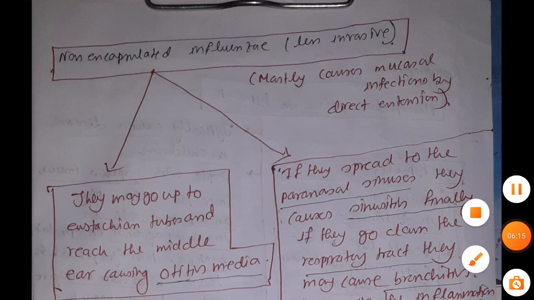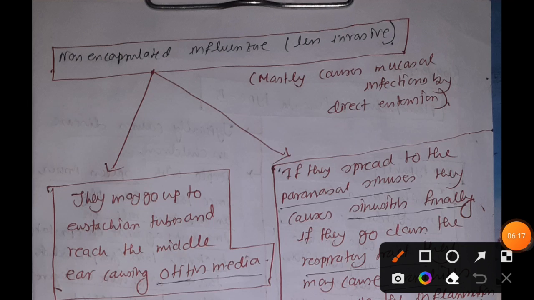In the non-encapsulated part, the bacteria only cause mucosal infection by direct extension. They may go up the eustachian tube and, by reaching the middle ear, cause otitis media. They can also transfer to the paranasal sinus, where they cause sinusitis. Very important.